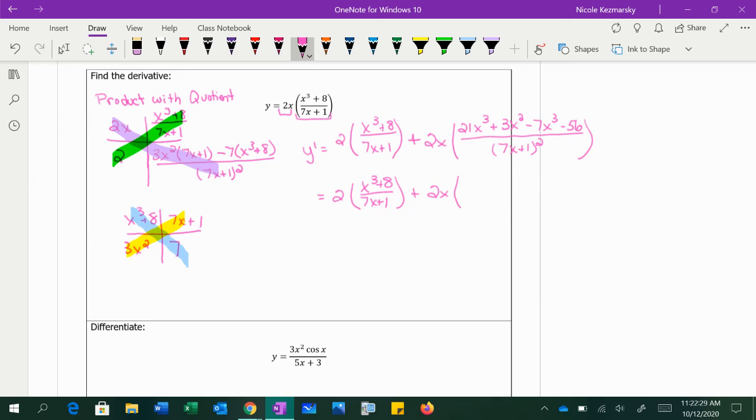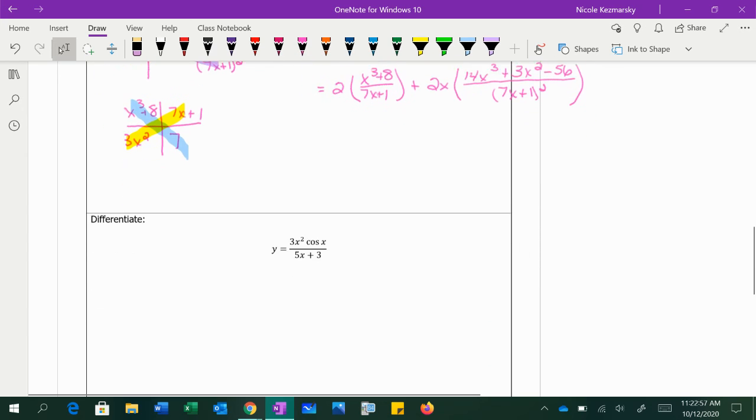In that numerator, I do have a couple of x cubes, so I can make that 14x cubed plus 3x squared minus 56 over 7x plus 1 squared. Okay, but leaving it in the first format is just fine. And then we get to the next one.